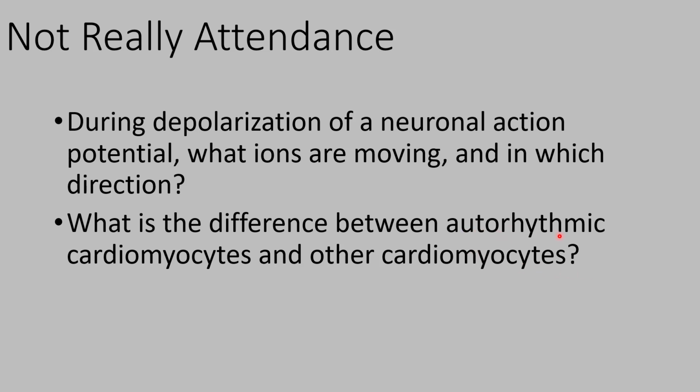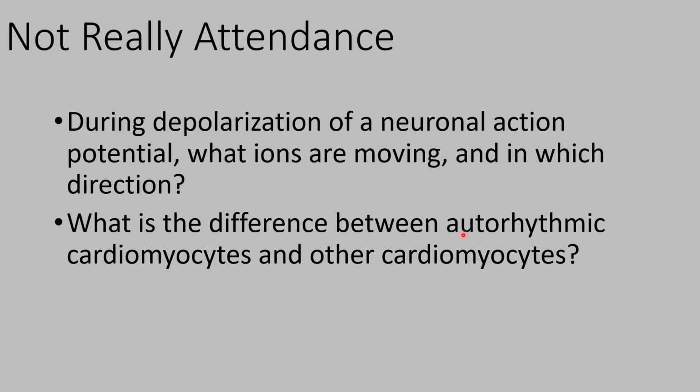But autorhythmic cardiomyocytes actually are not involved in contraction at all. Instead, these cells are going to generate electricity. They're going to generate their own action potentials at a steady rate. That's what the rhythm part is.